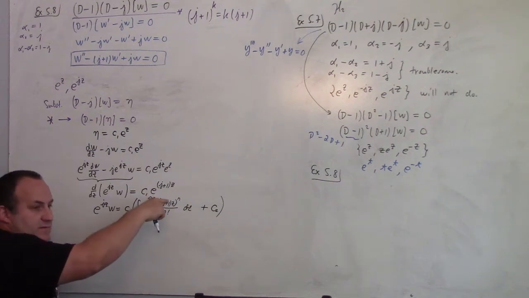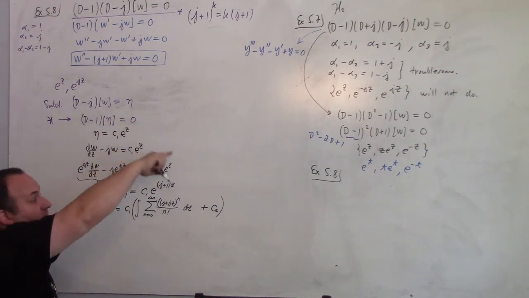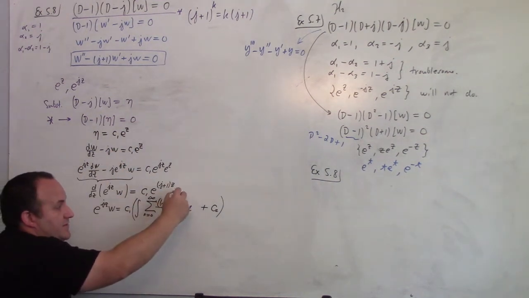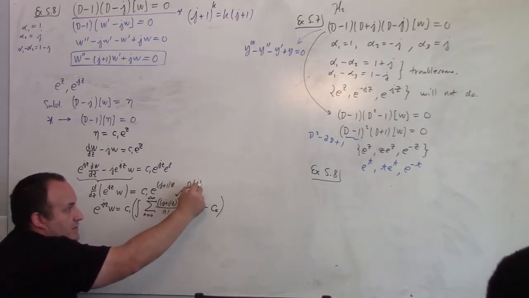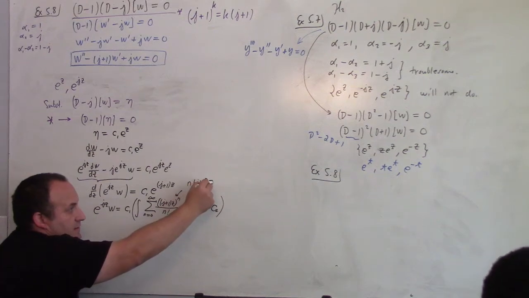So this, remember, simplifies to n times (j plus 1) z to the n.